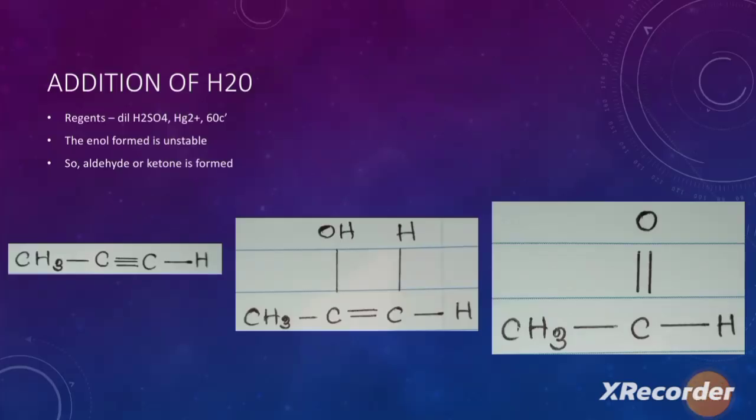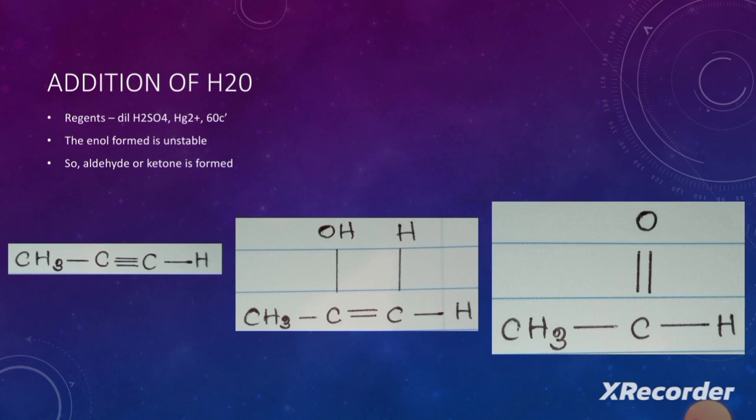If I want to add an H2O molecule to an alkyne, what I should do is take the reagents diluted H2SO4, Hg2+, and supply a condition of 60 Celsius.